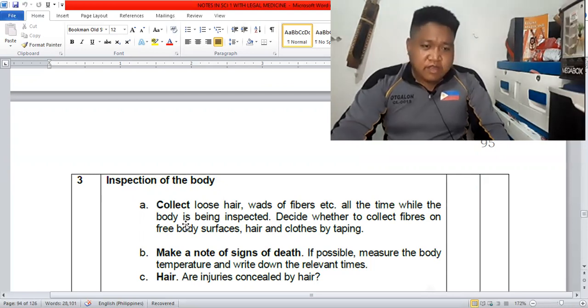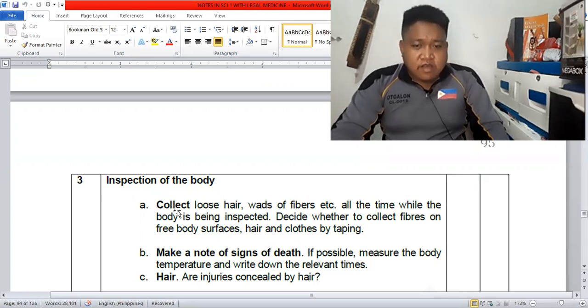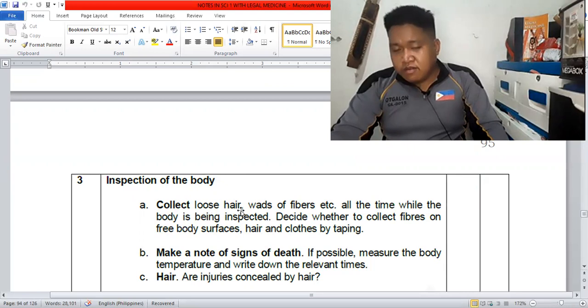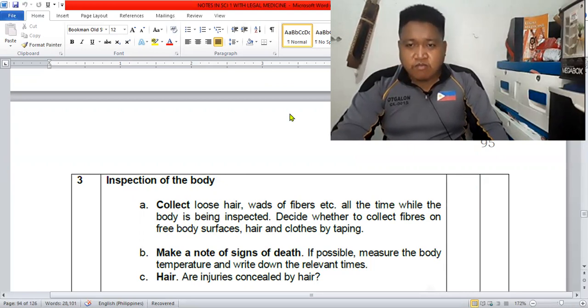So, what are the things that you will do in the inspection of the body, especially there is death? Collect loose hair, yung mga nahulog na buhok. Wads of fibers, and etc.